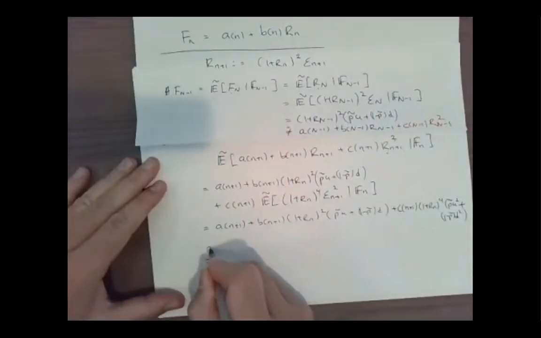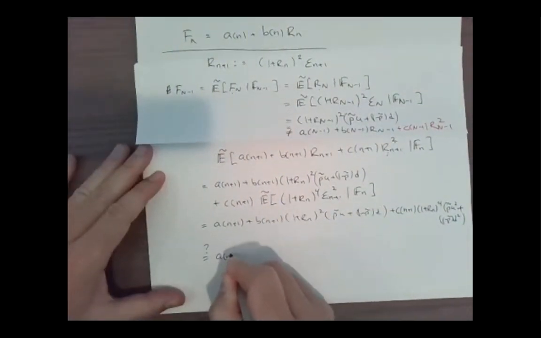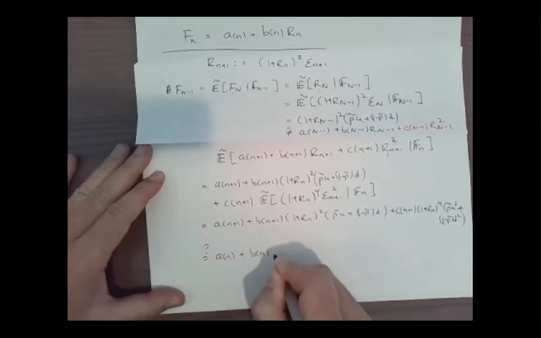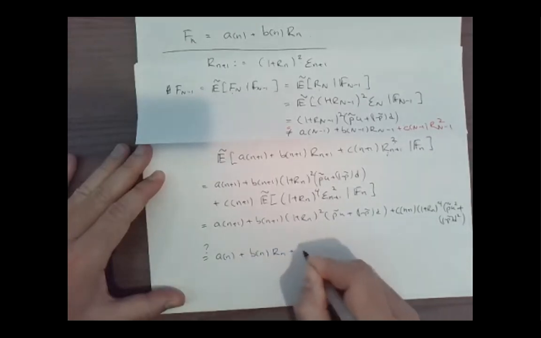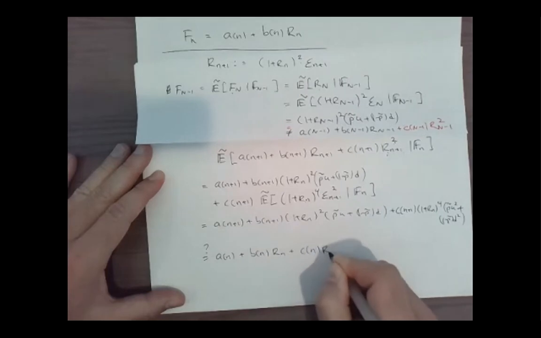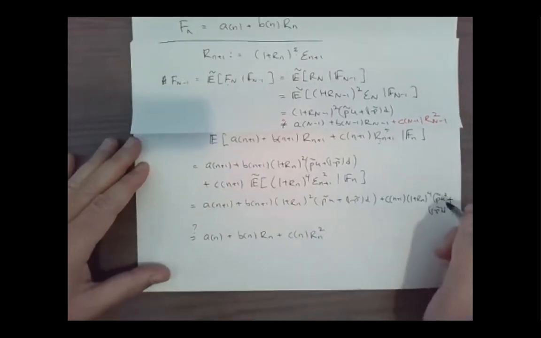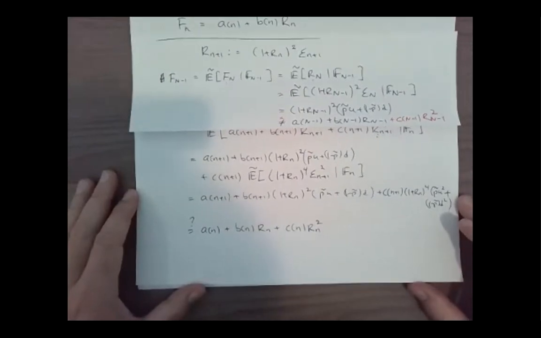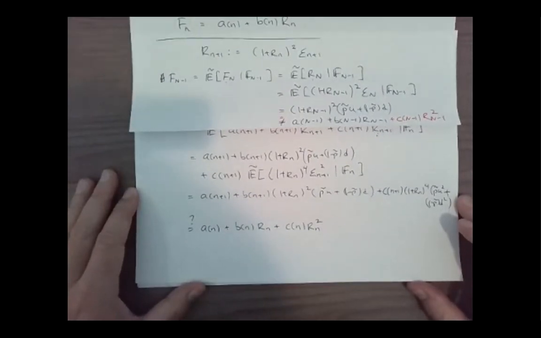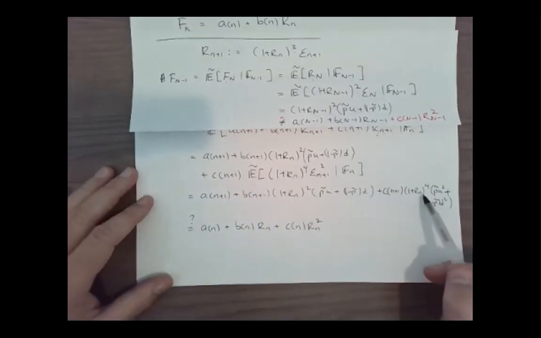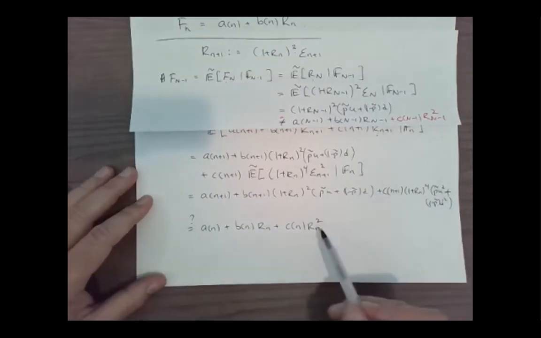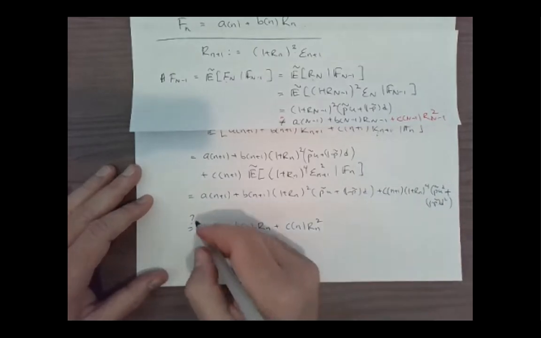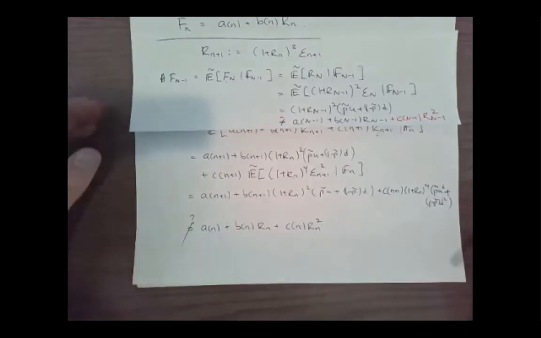So we write this with a question mark. Is this equal to AN plus BN Rn plus Cn Rn squared? And you can see now this is trouble because you have Rn to the power 4 here, and there is no power 4 over here. So this is not true.